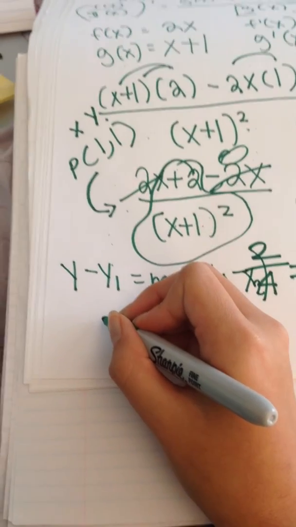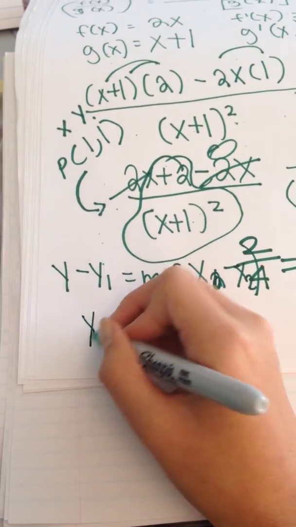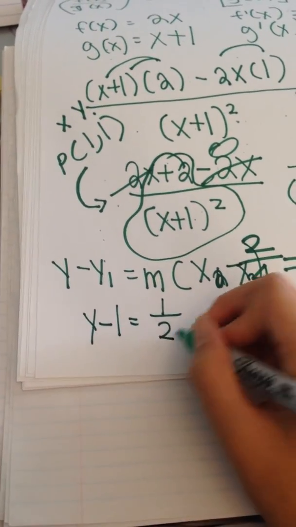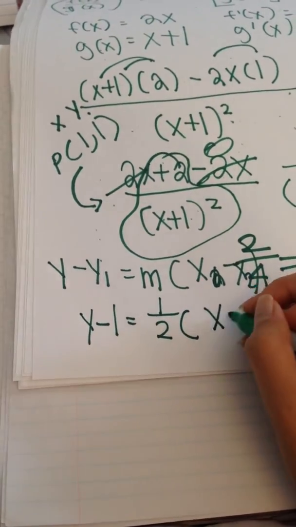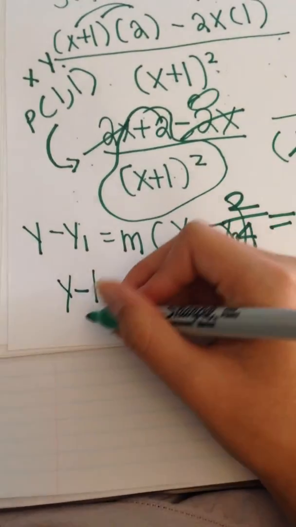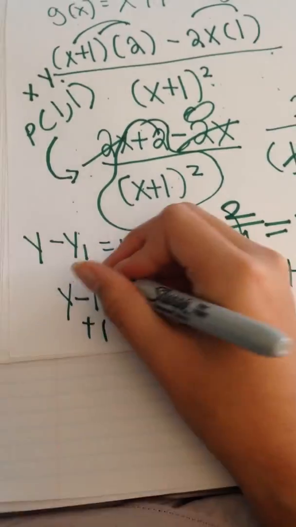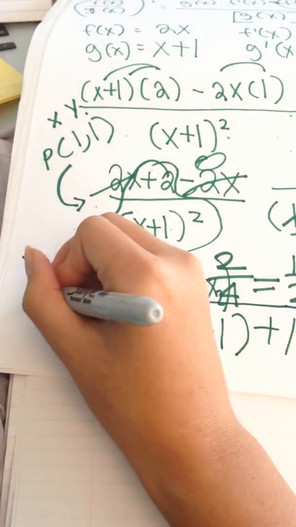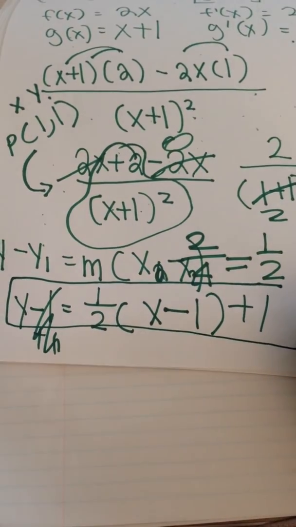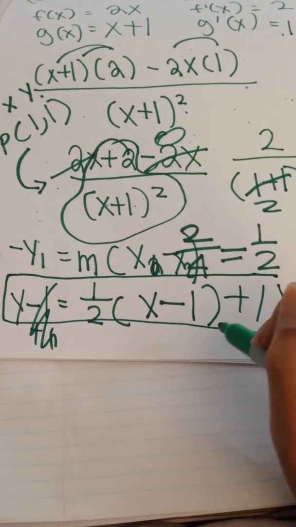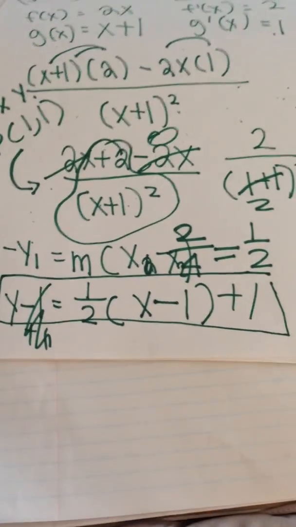Then you're going to get y minus 1 equals 1/2 times x minus 1. You can just leave it like this, or you can add the 1 to both sides, and the equation of your tangent line would be y equals 1/2 x minus 1 plus 1. And you're done.